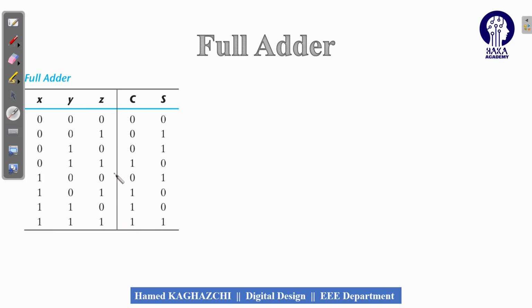Now it is time of finding the Boolean function for C and the Boolean function for S. Looking at this truth table, we cannot find it directly, so we have to use the Karnaugh map. We have 3 bits.